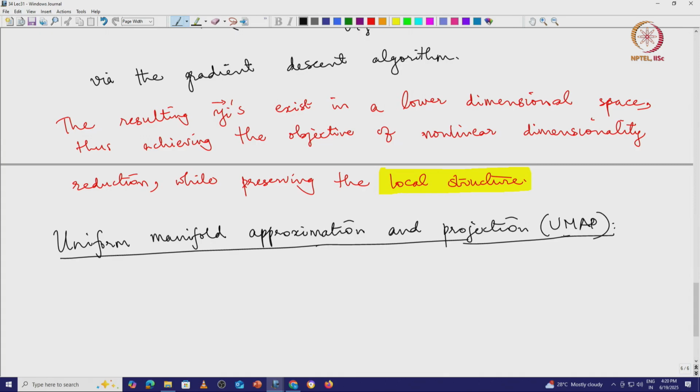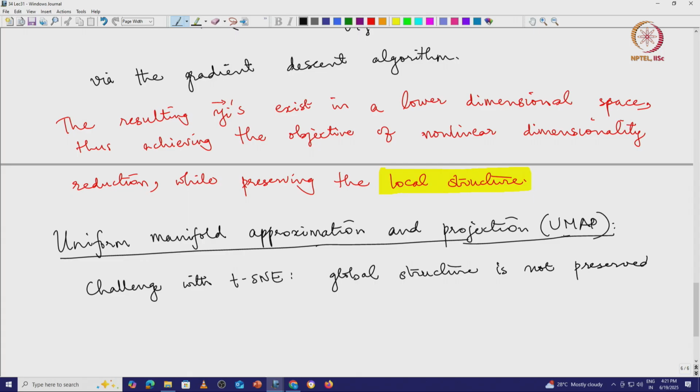So the challenge with t-SNE is that global structure is not or may not be preserved, although local structure is.